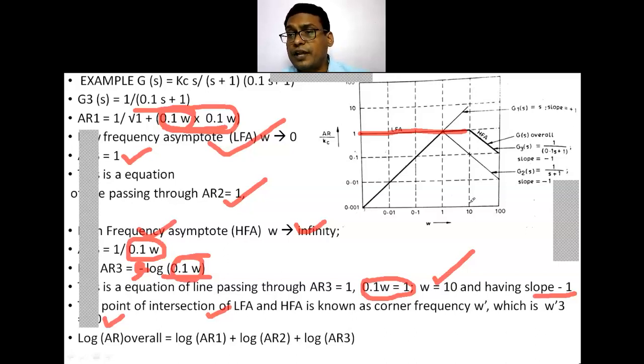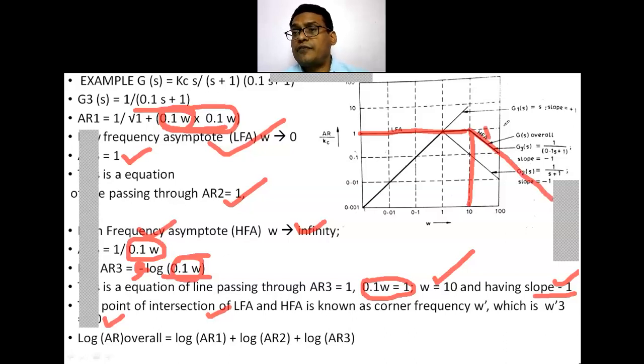So from this corner frequency value of 10, I will start the high frequency asymptote with a slope of minus 1. This high frequency asymptote will start here.